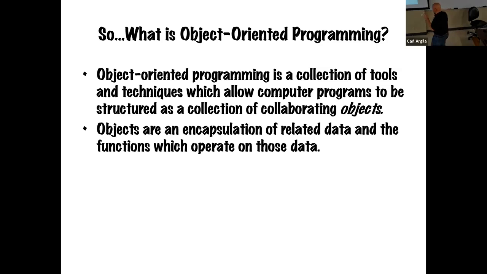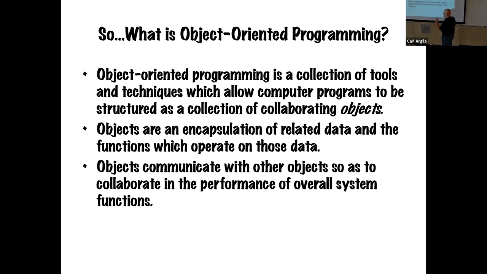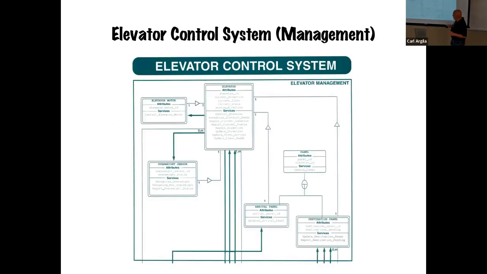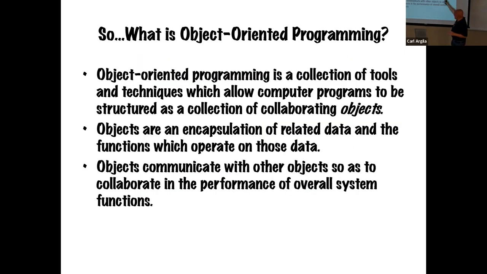Objects are encapsulations of related data and the functions which operate on those data. Objects communicate with other objects so as to collaborate in the performance of overall system functions. These three bullet points are the essence of anything that's, quote, object-oriented.